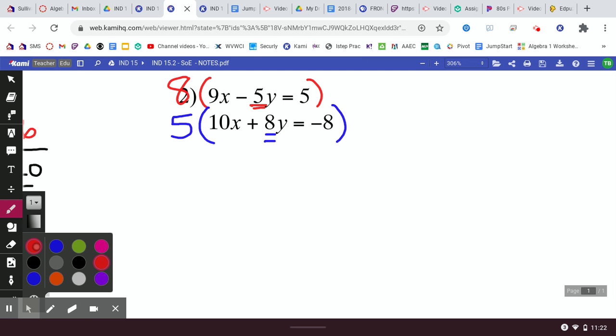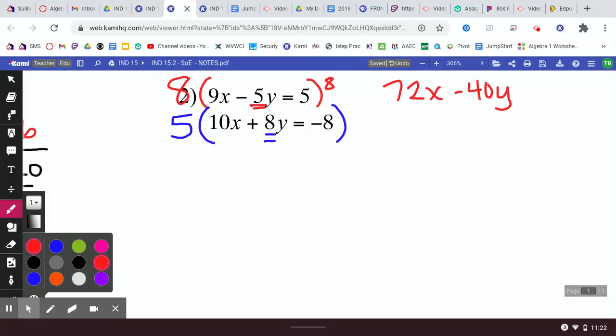All right, so now we distribute. Remember that 8, and sometimes I even like to put it over on this side just to remind myself not to forget to multiply that 5 hanging on the end, okay? So 8 times 9 is 72x. 8 times negative 5y is negative 40y.